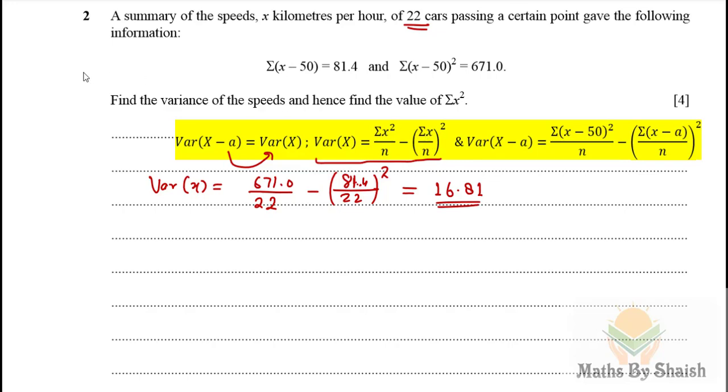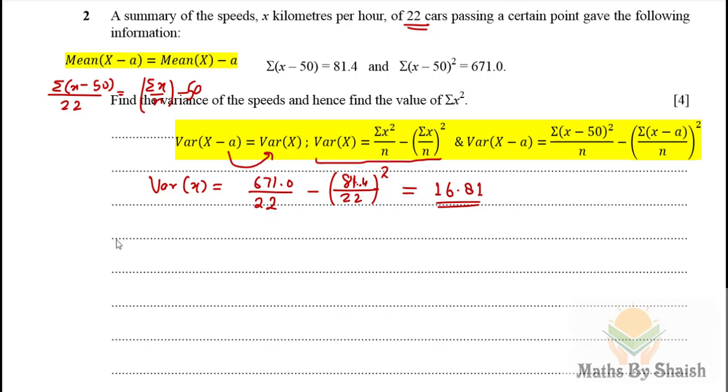For the mean, we have the mean of x minus a is the mean of x minus a separately, and the mean of x minus a is sigma of (x minus 50) over 22, and this is going to be the mean of x. Mean of x is sigma of x upon n minus a, and a here is 50. So we can get sigma of x upon n from here.